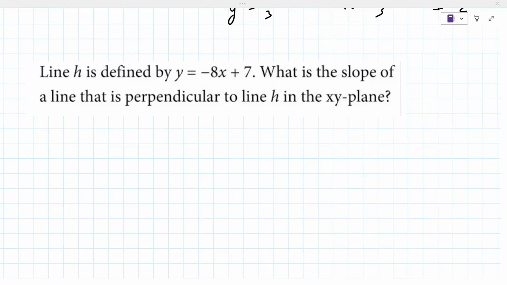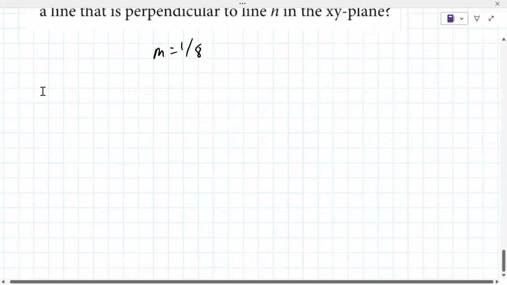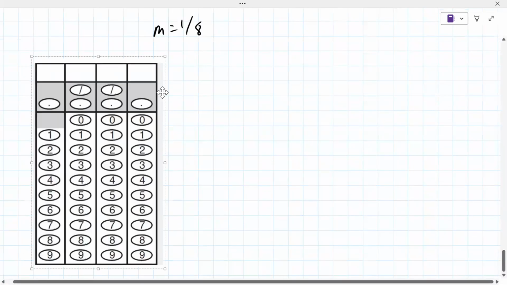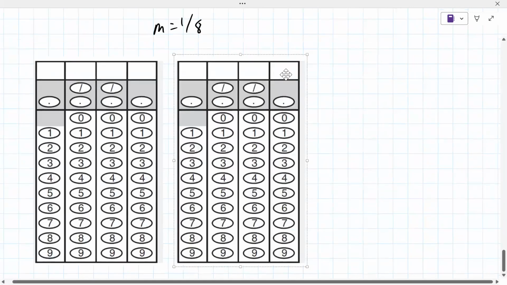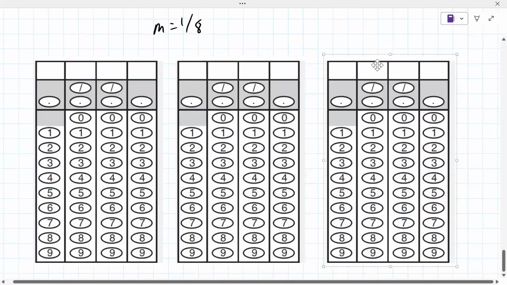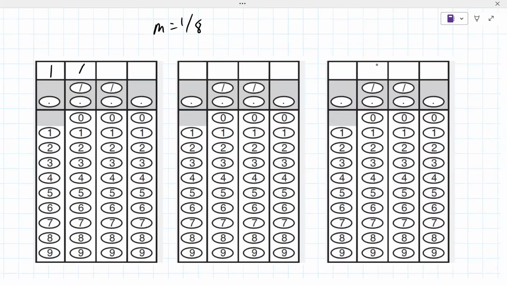So your answer is 1/8. So here is the free response grid. And there's actually three ways to answer this one. 1/8, or 0.125.